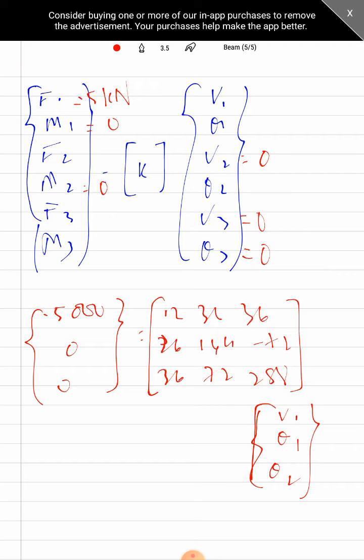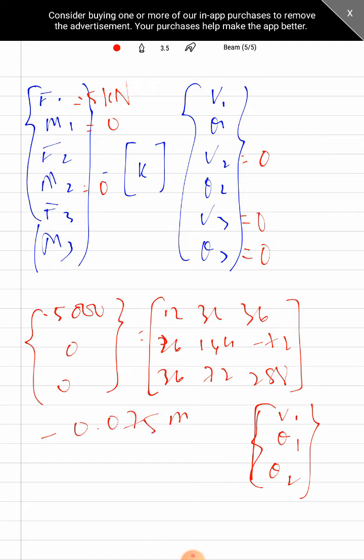Let me check the answer. Okay, your V1 is negative 0.075 meter.